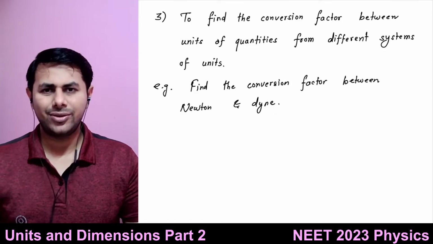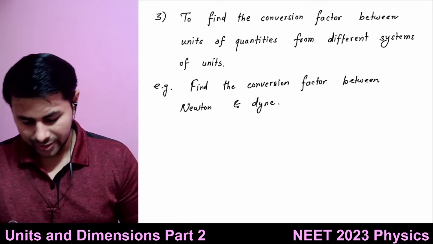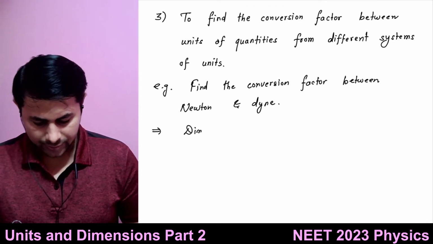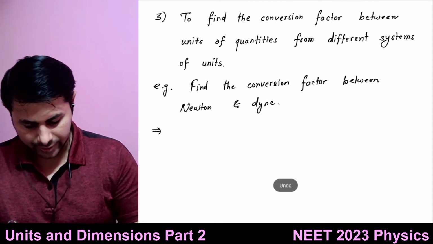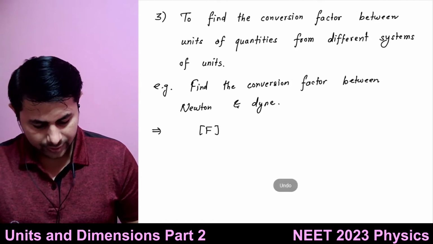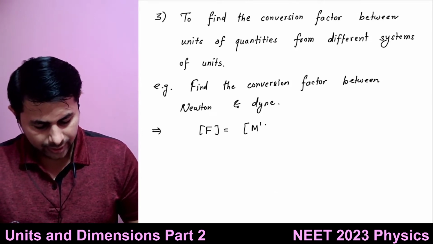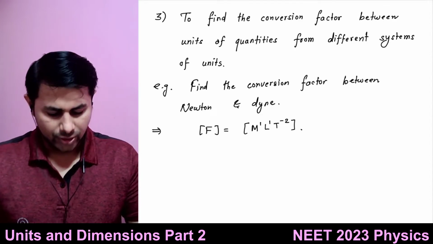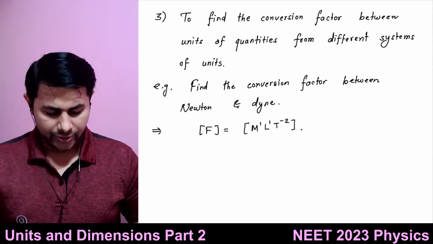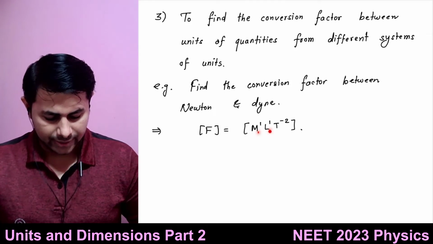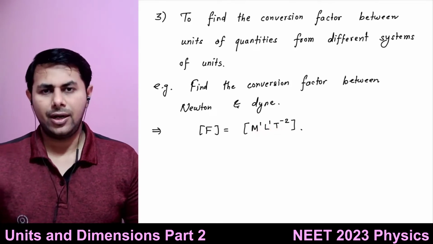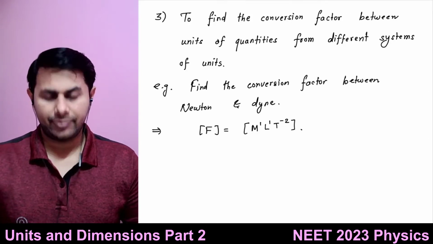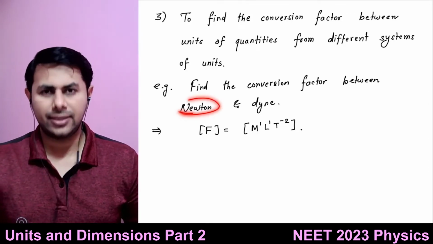So we know the dimensions of force. So what are dimensions of force? M1 L1 T raised to minus 2. Okay. So now let's suppose M suffix 1, L suffix 1 and T suffix 1 are the units of mass, length and time in this first system, the SI system.